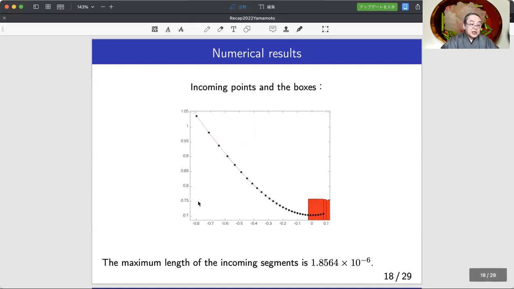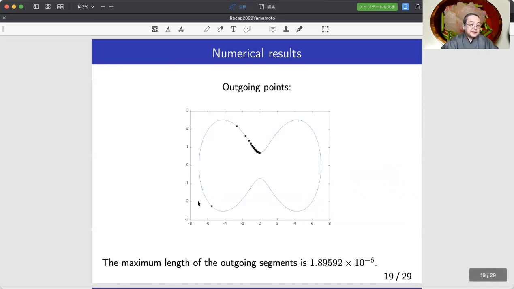This is an enlarged view of incoming points and boxes. The maximum length of the incoming segments is so small. These are outgoing points, very far from the boxes. The maximum length of the outgoing segments is also so small.